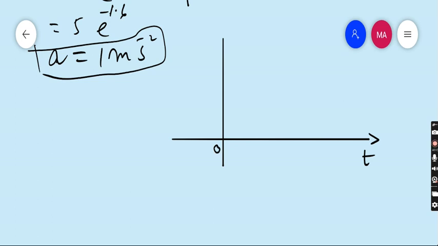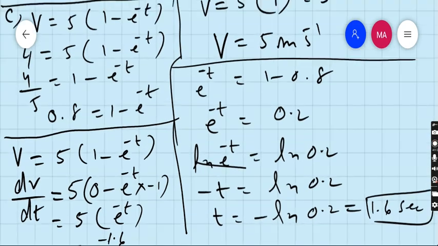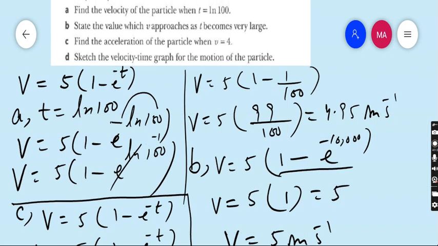This is the origin, and on the y axis we plot v. Now at 0, your answer is 0, because v equals 5 into 1 minus e power 0.